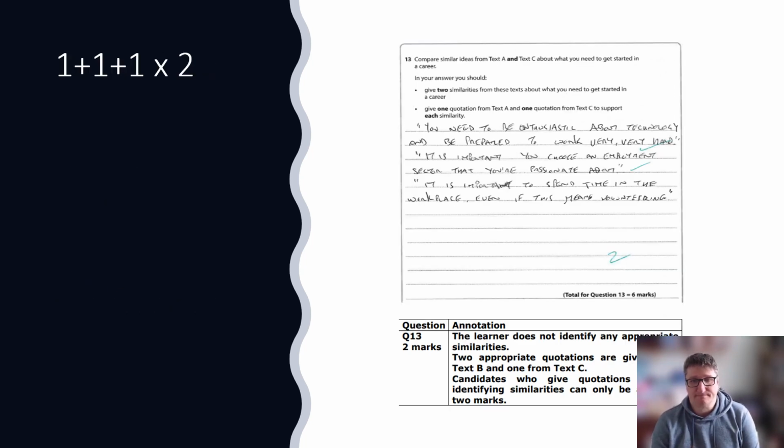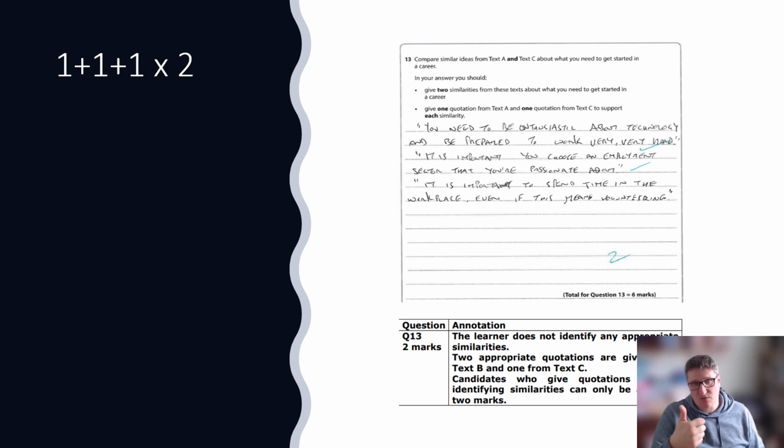Question 13 is 1 + 1 + 1 times 2. That's how I'm paraphrasing this question. Compare similar ideas from text A and text C about what you need to get started in a career.